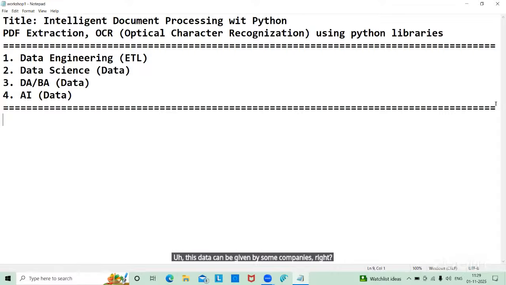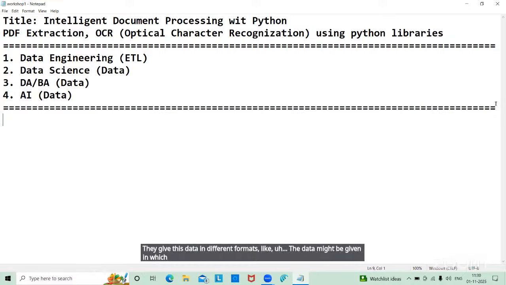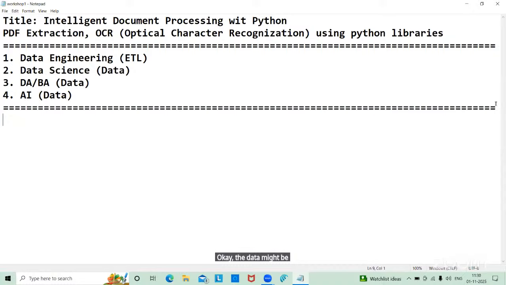But how do they give this data? They give the data in different formats. In which format might the data be given? PDF, okay, or it can be in images.